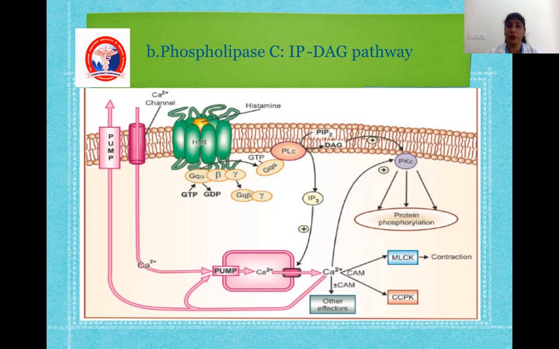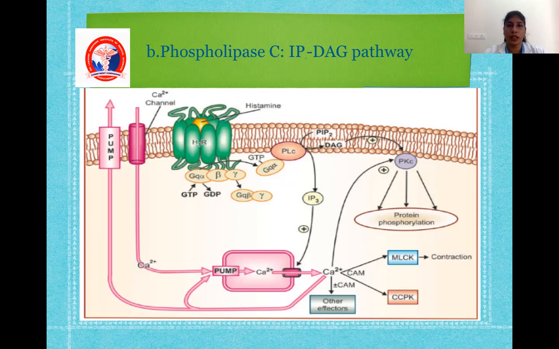Due to activation of all this, it causes more contraction of the muscle. This is due to the IP3 activity. When DAG goes, it phosphorylates more proteins. DAG goes and activates protein kinase C. This protein kinase C goes and phosphorylates proteins, more protein phosphorylation. This is how the Gq receptor is active.